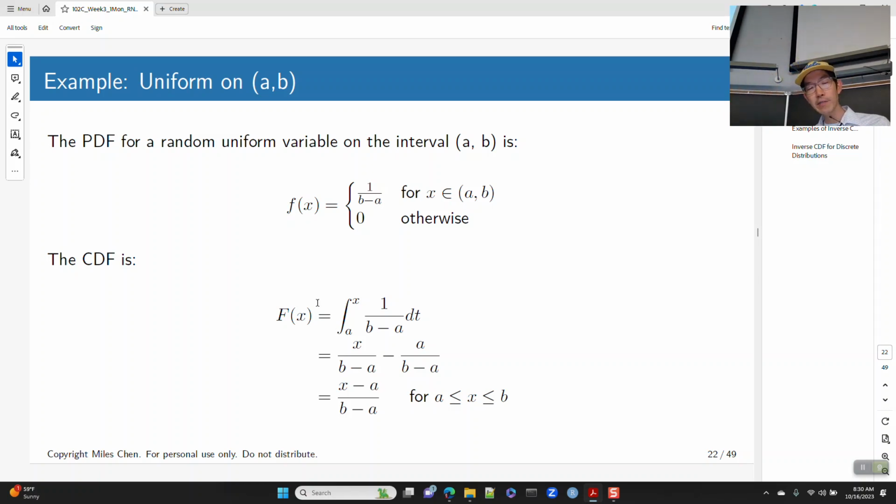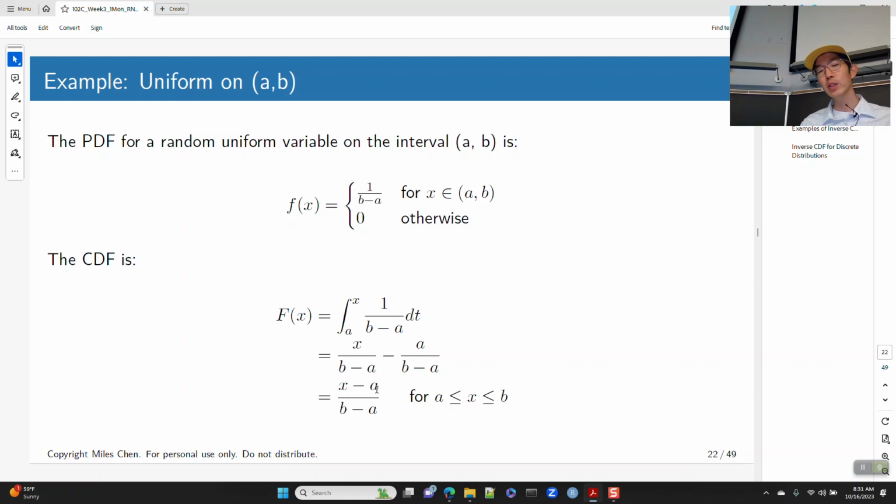And then the CDF is the integral starting at A up to whatever location X is of our PDF dt, right? We plug in X and get X over B minus A. We plug in A as our starting location and get X minus A over B minus A. So this is the CDF of this random uniform: X minus A divided by B minus A. If we ask, what's the CDF of 15 on this variable from 10 to 20?